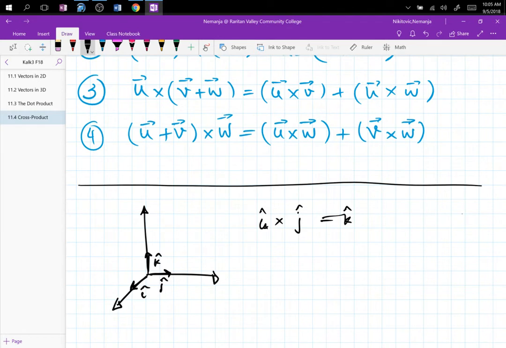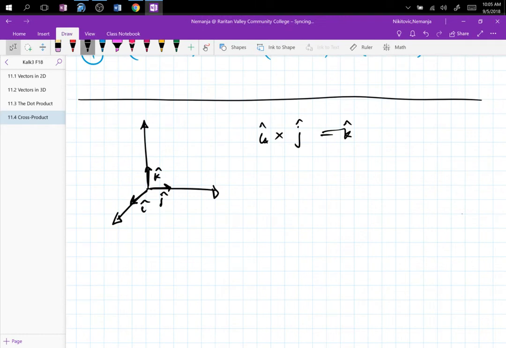So from that exercise, we realize that, and this is extremely important, cross product gives us normal vector. So k cross i gives us j, and j cross k gives us vector i.